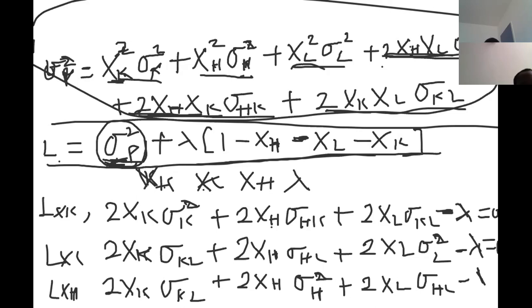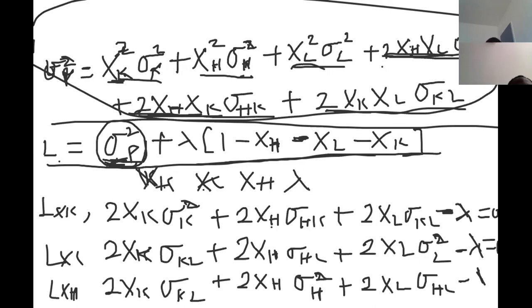And we have 2XK covariance between K and L plus 2SH covariance of H and L plus 2XL variance of L minus lambda equals 0. We have 2SK covariance between K and L plus 2XH variance of H plus 2XL covariance of H and L minus lambda equals 0.